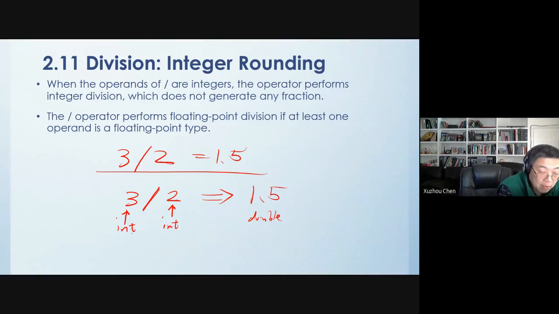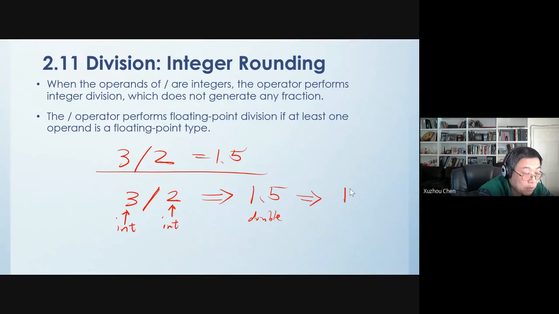So I assume, basically it's not Java who assumes this, it's the people who developed Java who assume that if you have 2 integers, then the result should be an integer. So then you're going to convert to integer. When you convert a double, a floating point number, to an integer, you're going to throw away the digits after the decimal point. You throw away the fractional part. So that's basically the result you would get. Okay.